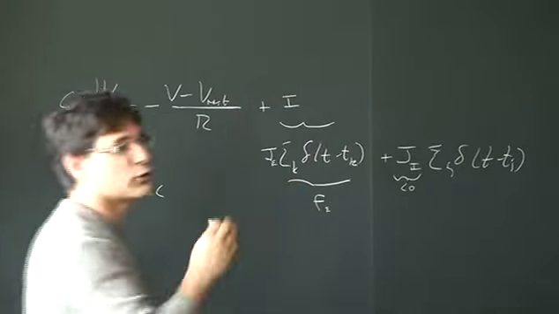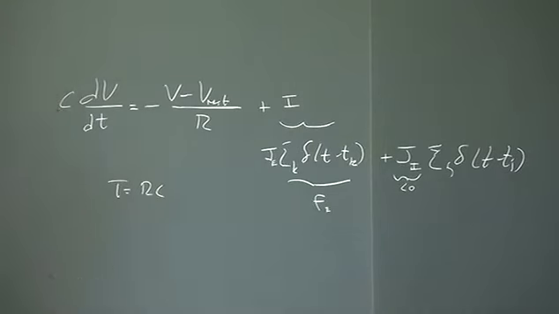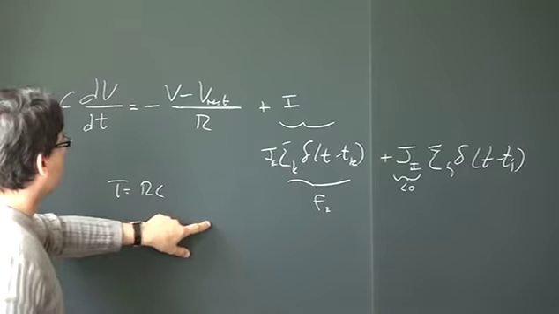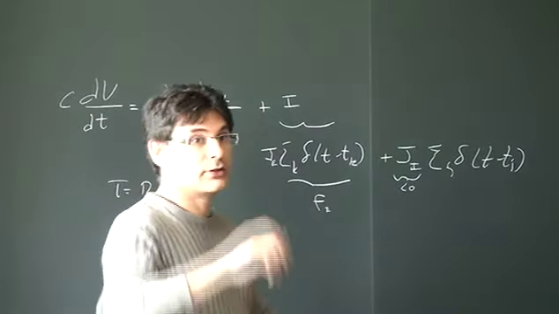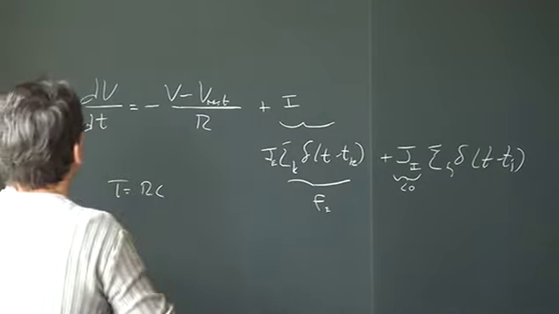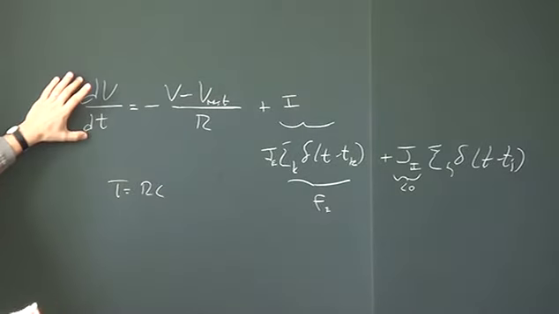From this you can do mean-field theories and you can do the population density approach, but I'm not going to talk about this today. Now, the diffusion approximation to this equation, I cannot write it this way because the function is not differentiable.